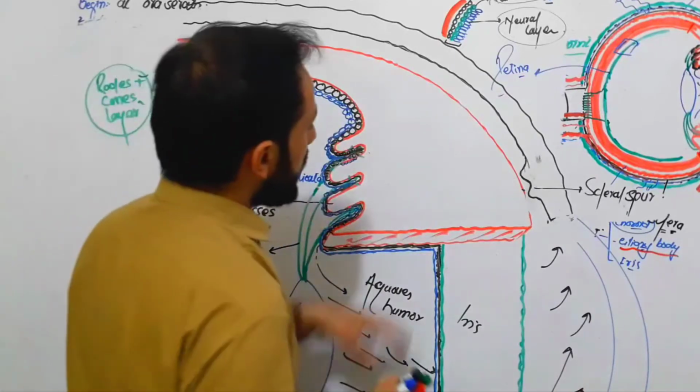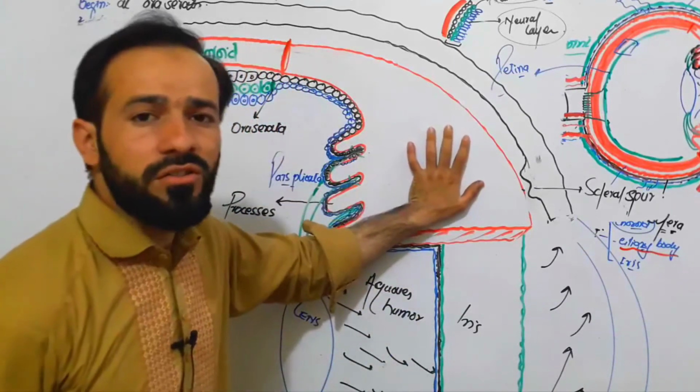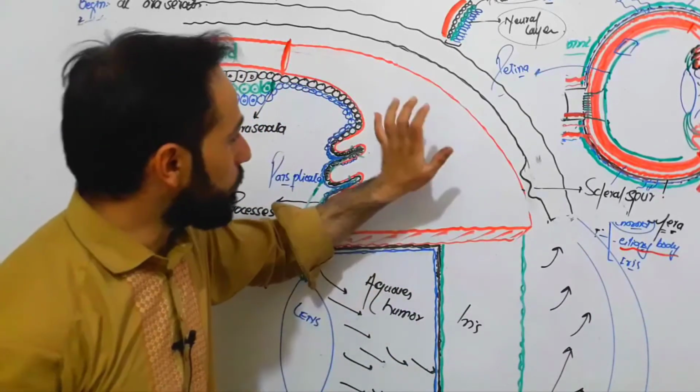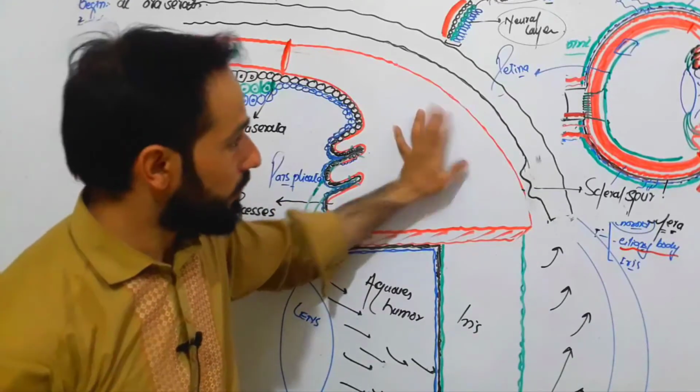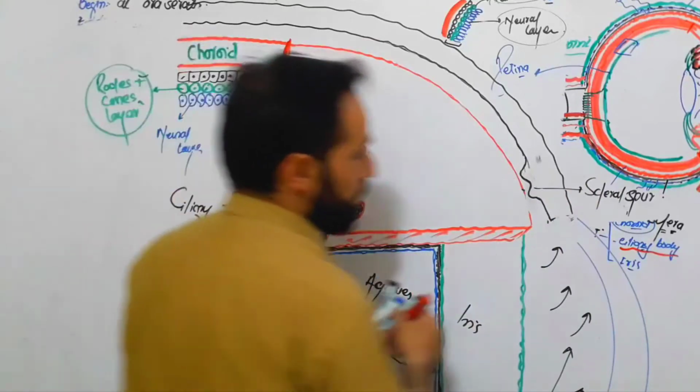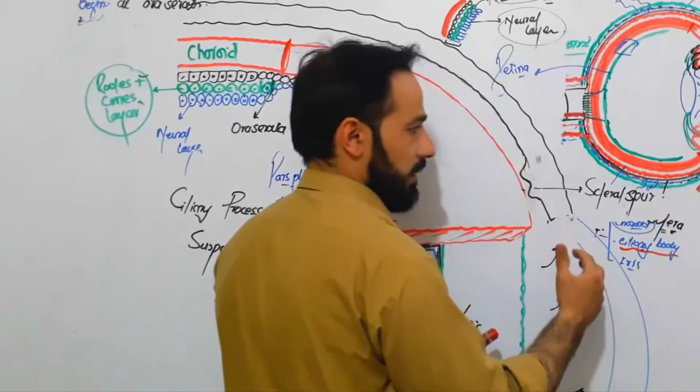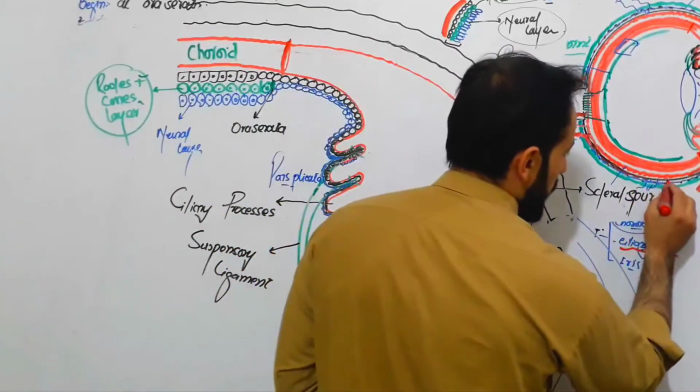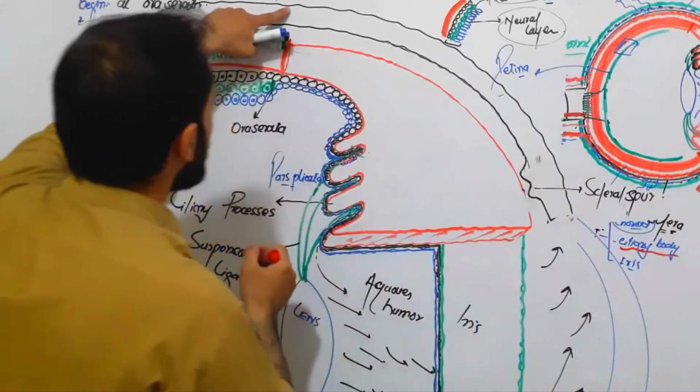Now look, inside the ciliary body we have lots of blood vessels, and from where do those blood vessels come? Look, if you look at the structure of the eye, we have the sclera like this.